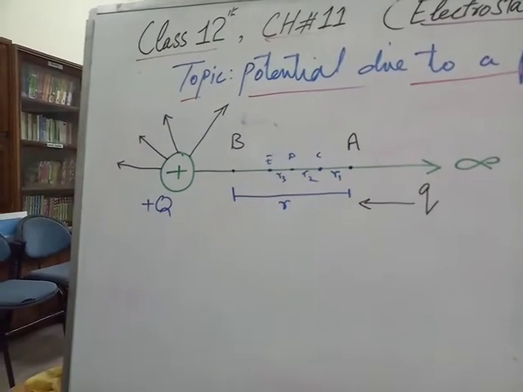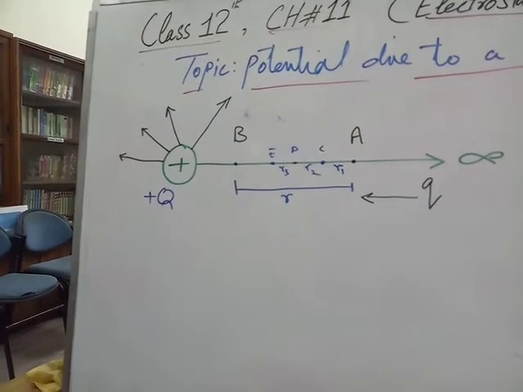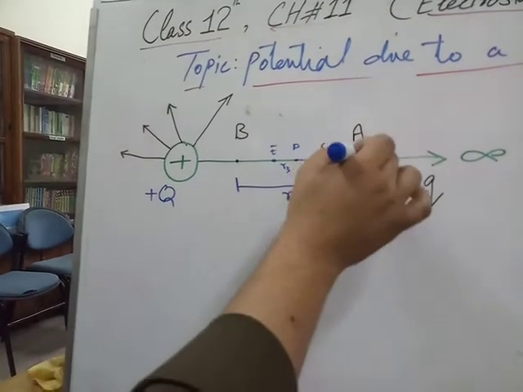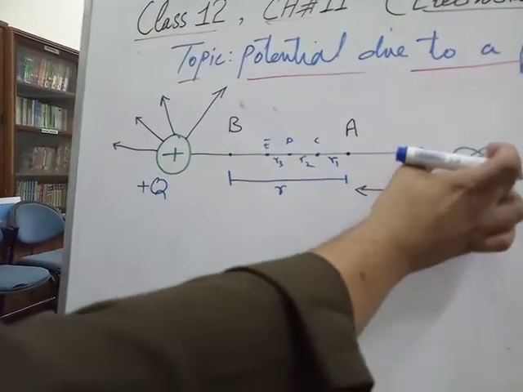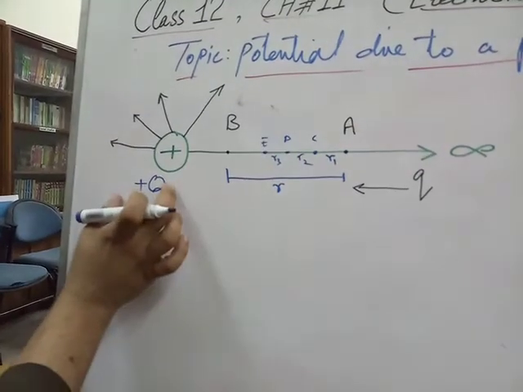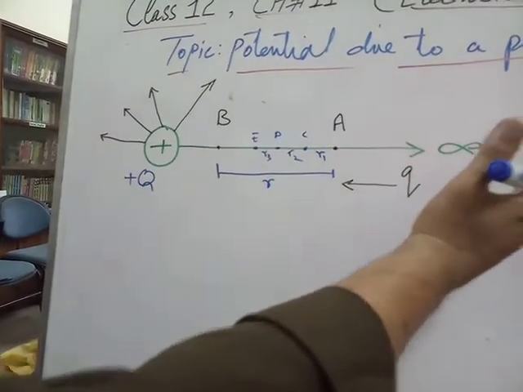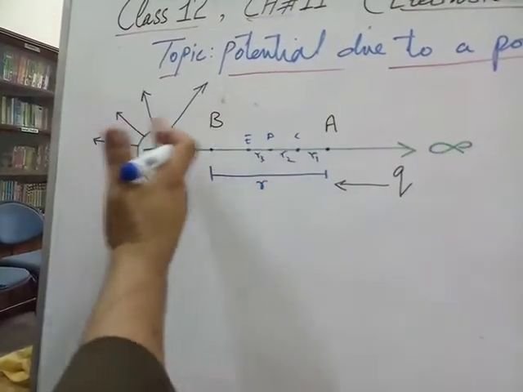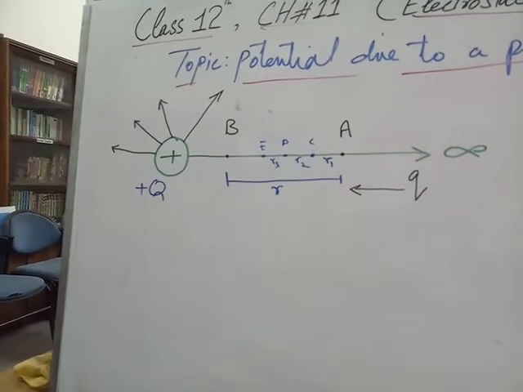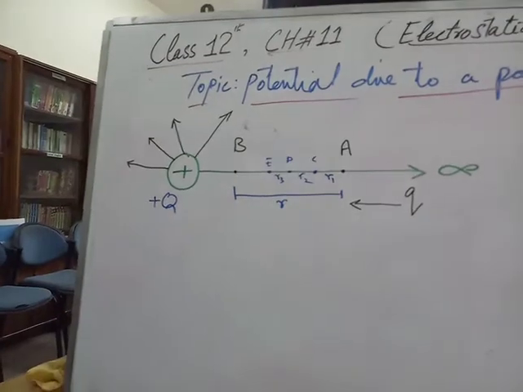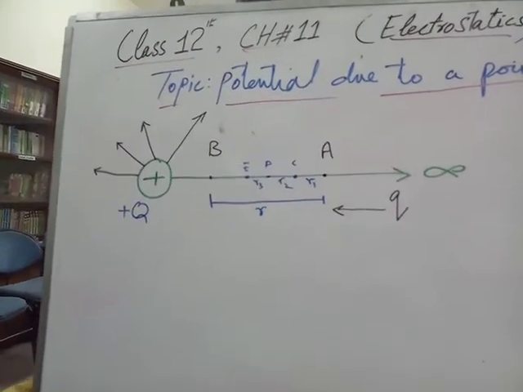As the test charge moves from infinity towards positive Q, when it is at infinity the plus Q charge does not exert any force. When we move it towards the Q charge, at point A it experiences some force, or you can say it has some electric potential energy.